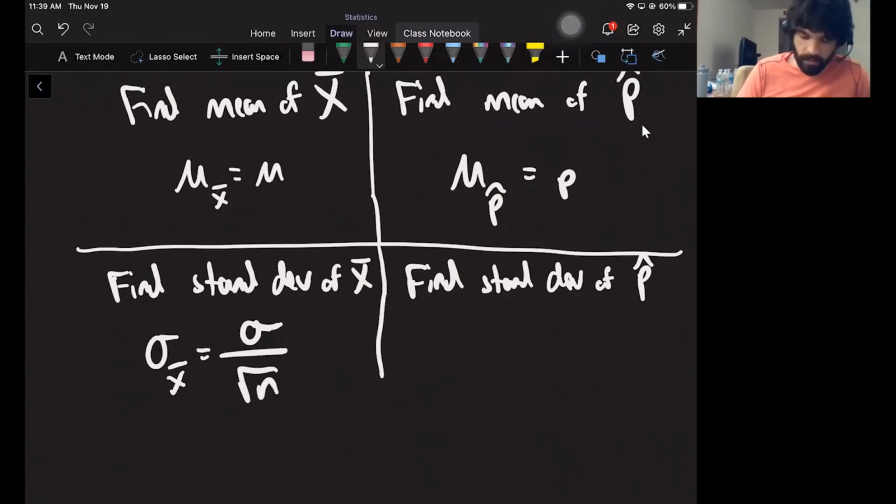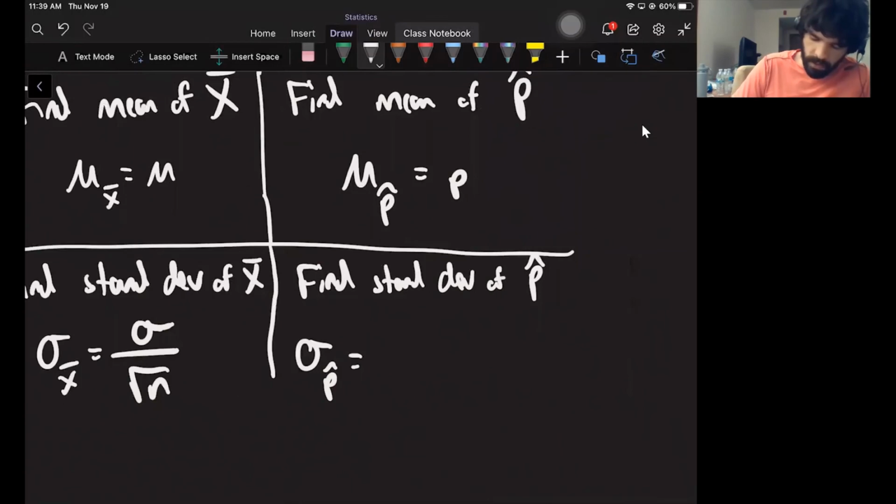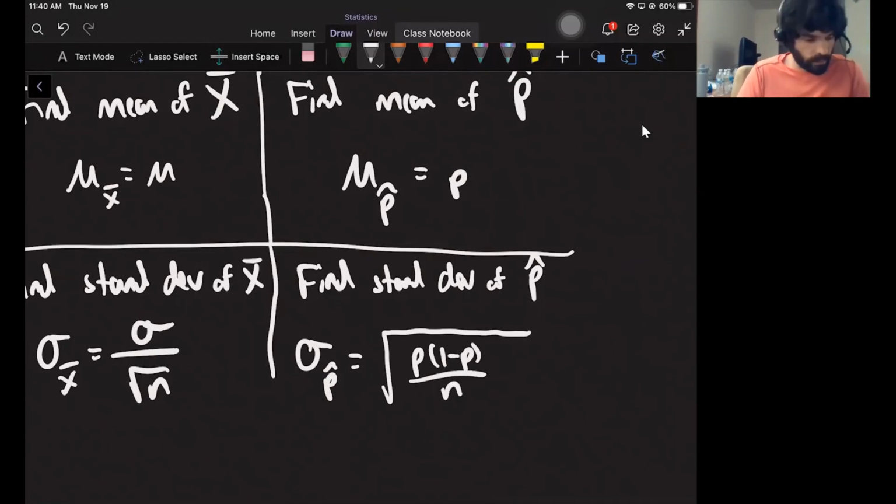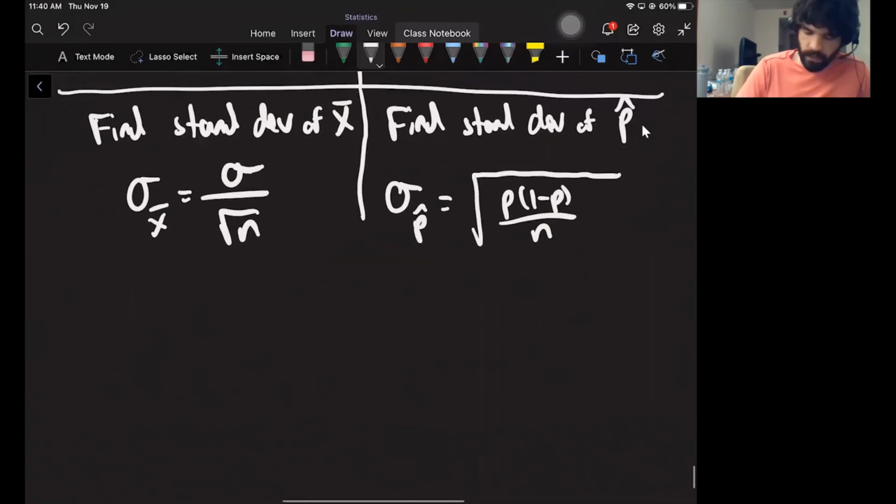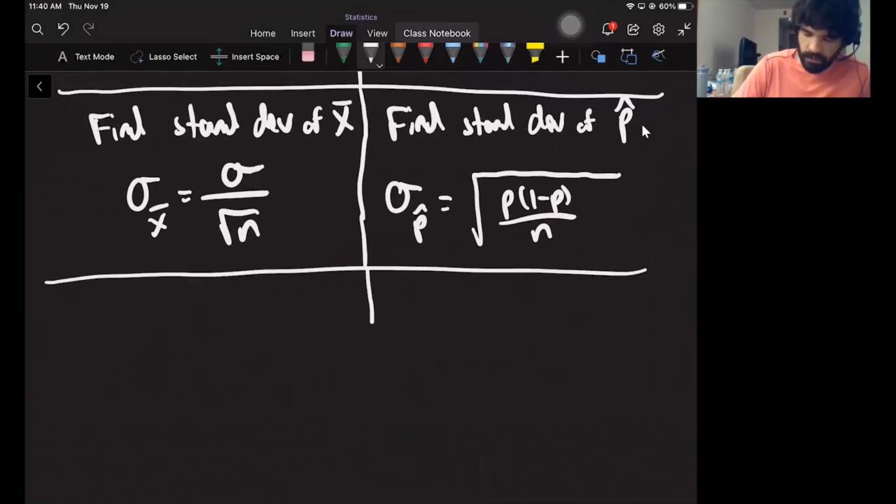But for sample proportions, it's this slightly more complicated formula. The standard deviation is the square root of p times 1 minus p over n, all under a square root. And that gives you the standard deviation of the normal distribution that you're using to answer questions.